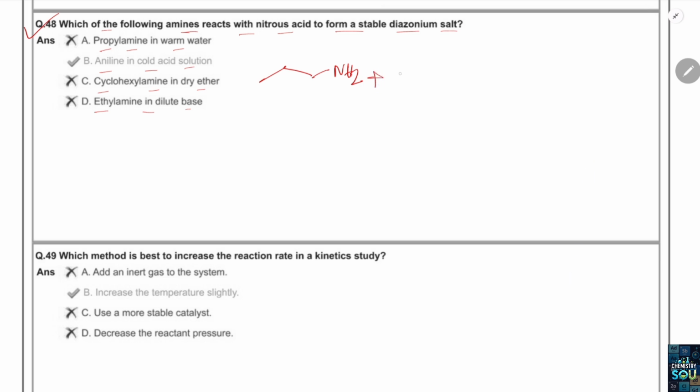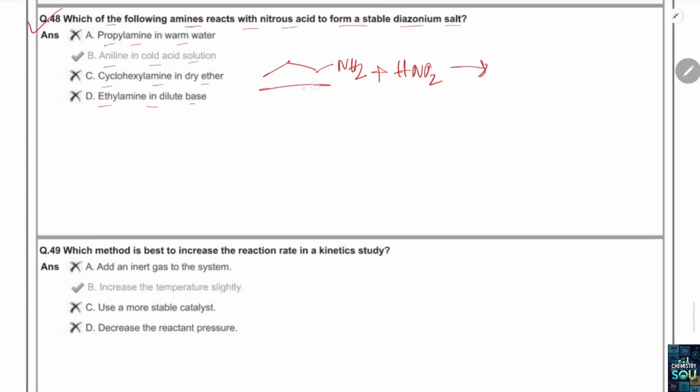When it reacts with HNO2, that is a completely aliphatic system. It will generate the diazonium salt, of course, N2+ Cl minus. But this aliphatic system is very unstable because the N2 has no stabilization. So it will release to give a primary carbocation, which is also an unstable system.